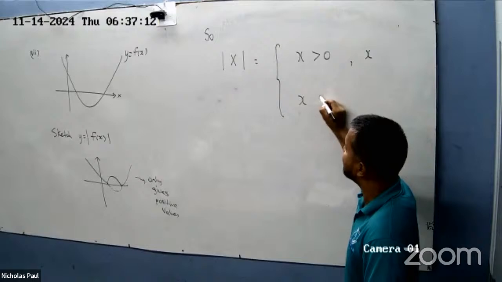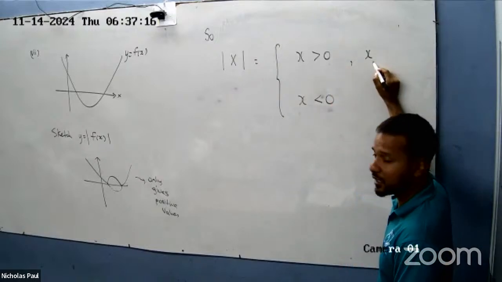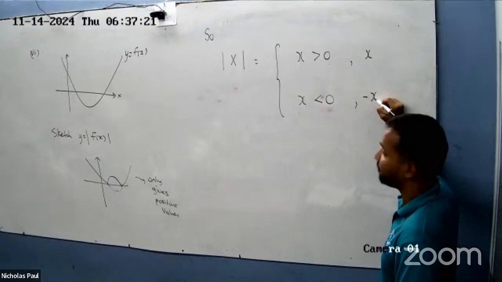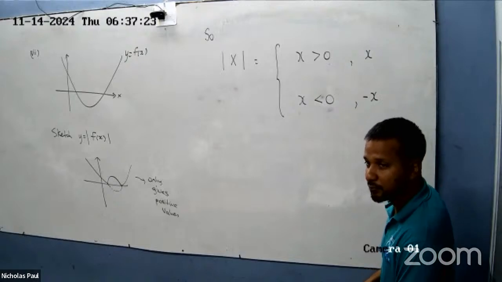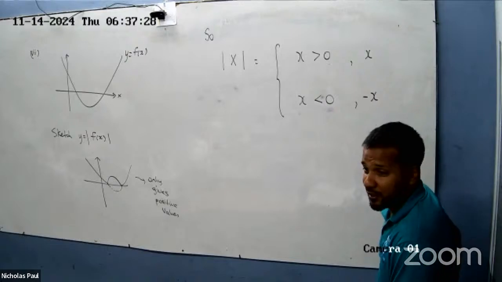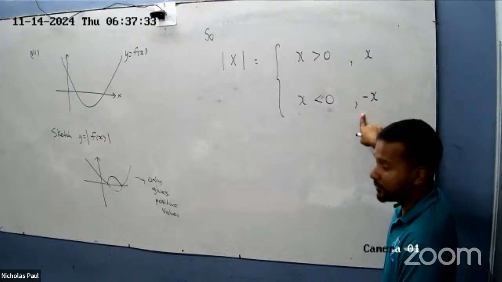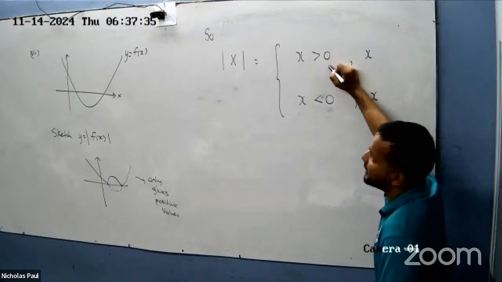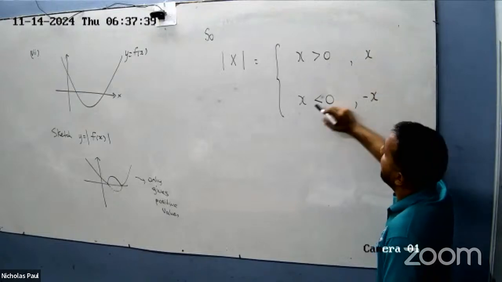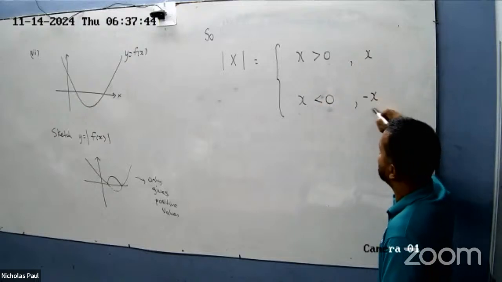But when the values are less than 0, we define them as being minus x. So this is the definition of modulus. When the x values are more than 0, the function stays as it is. When the x values are less than 0, the function is now minus x.